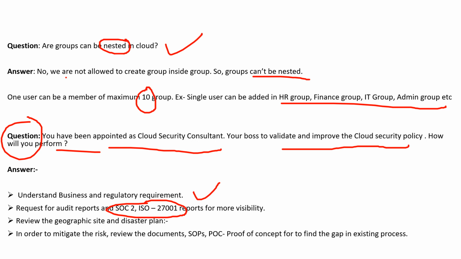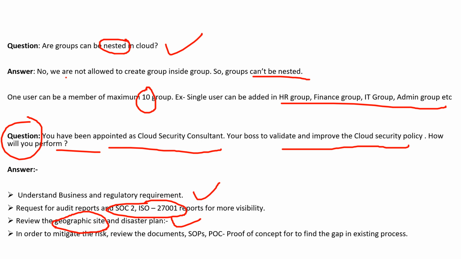Review the geographic site and disaster plan. Yes, guys, the geographic site here is very important, because cloud is global, right? So for example, information is available in the US and we want to pull it from India, and if that data is very confidential, then we need certain approvals for the same.